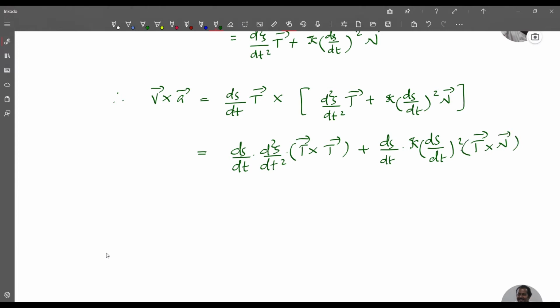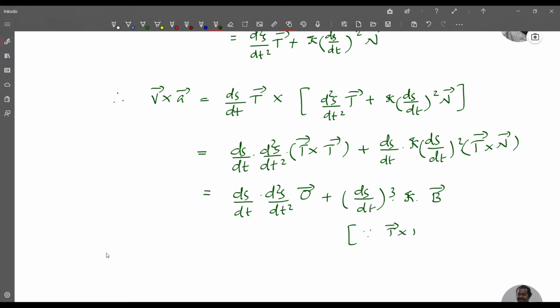So this is equal to ds by dt into d square s by dt square into T cross T is 0, so this is vector 0, plus ds by dt into (ds by dt) the whole square is (ds by dt) the whole cube into kappa into T cross N, which is vector B. This is because T cross T equal to 0 and T cross N equal to B, the binormal vector.